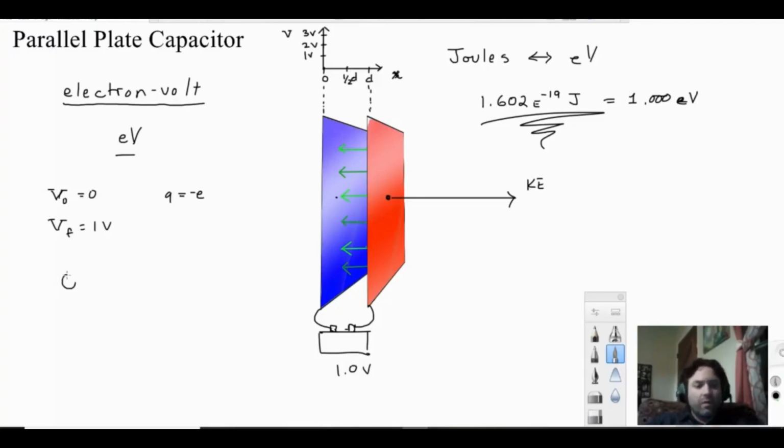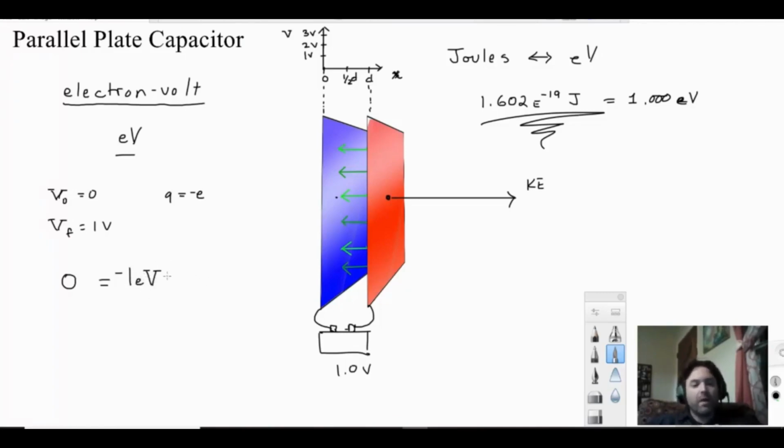And so in total, we start off with 0 energy, and then by the time the electron gets to the positive plate, let's take a look at our energy. It's going to be negative e, 1.6 times 10 to the negative 19 coulombs, times the voltage final. In our case, it's 1 volt. So we could go ahead and put a 1 in front here: 1 times the charge of an electron times 1 volt.